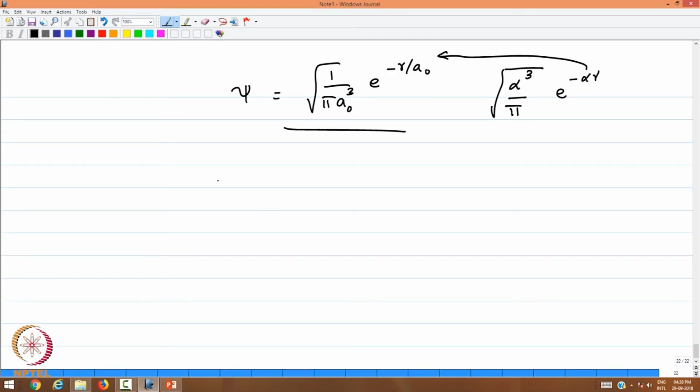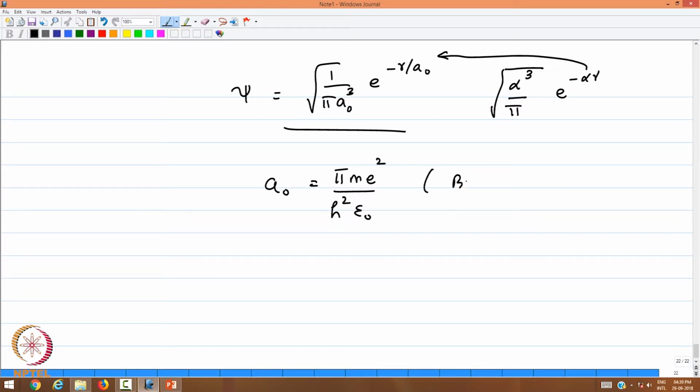What you might have to also remember is the following formula for the coefficients A naught and the energy E. A naught is pi m e square by h square epsilon naught.